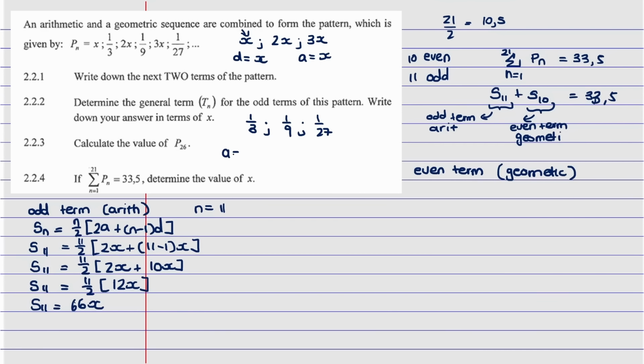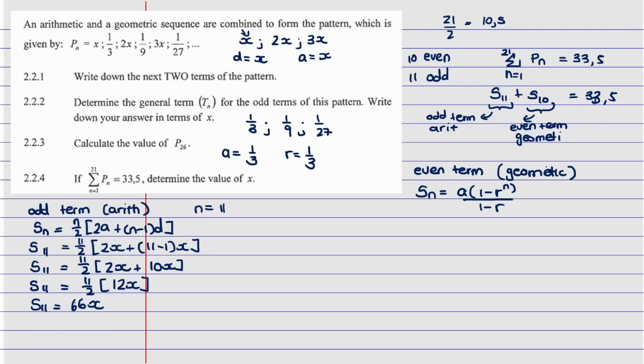We know that a is equal to 1 over 3, and we already know that r is equal to 1 over 3, right? So since r is less than 1, it's going to be this formula: a open bracket 1 minus r to the power n, divided by 1 minus r.